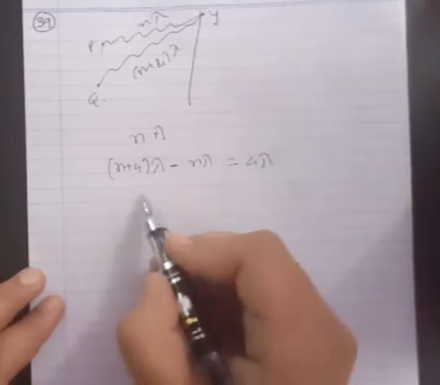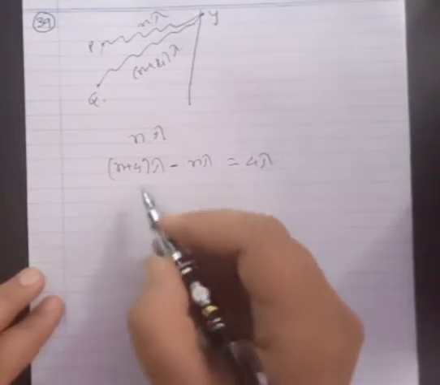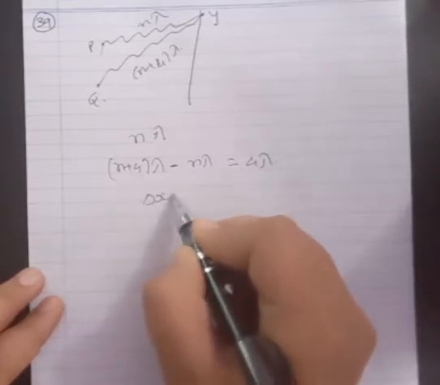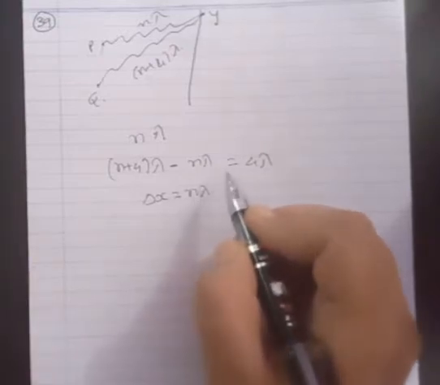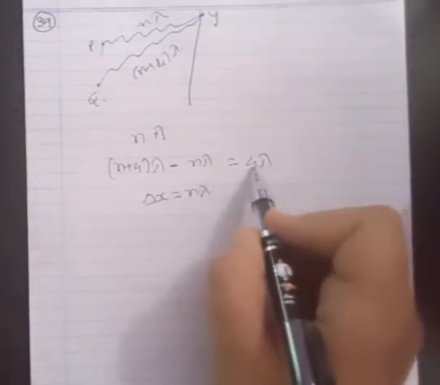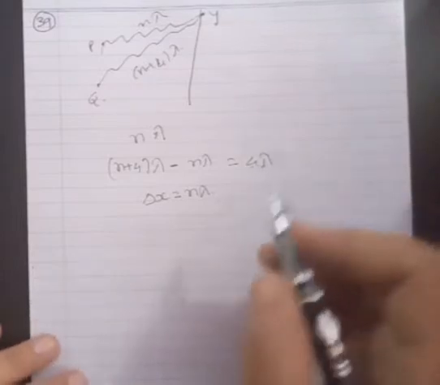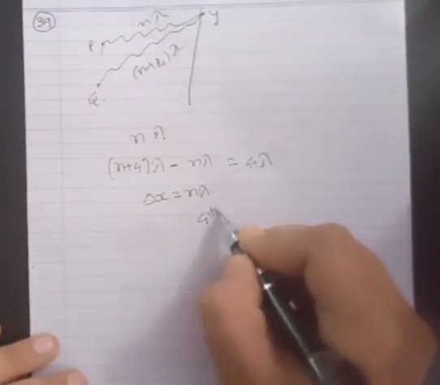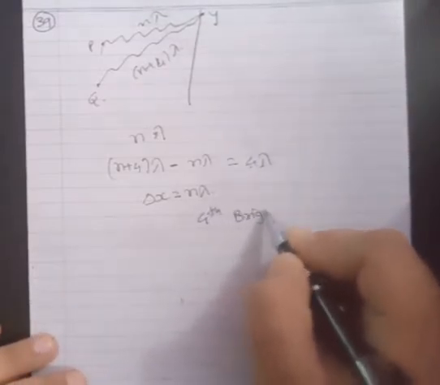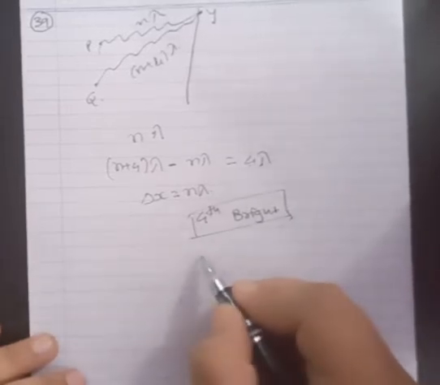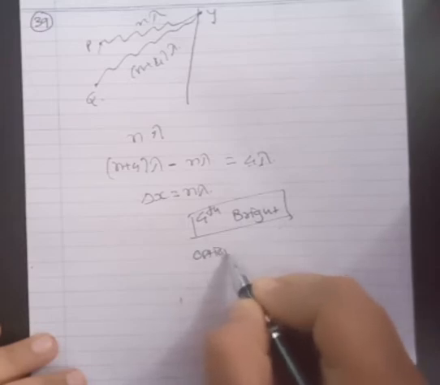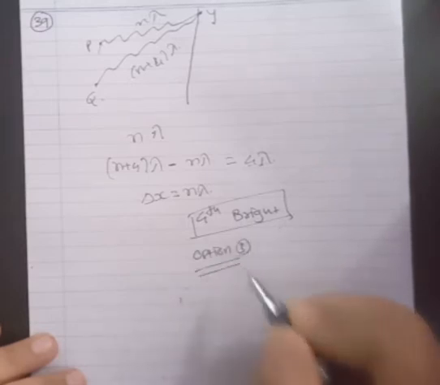The condition to create a bright fringe is that the path difference should be a multiple of lambda. Here the path difference is 4 lambda. So at this point, the fourth bright fringe is created. So option 3 is the correct option.